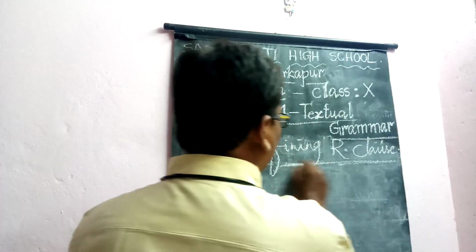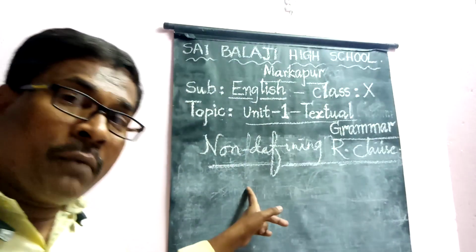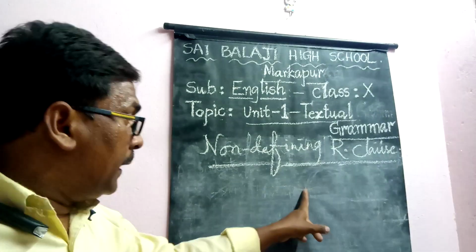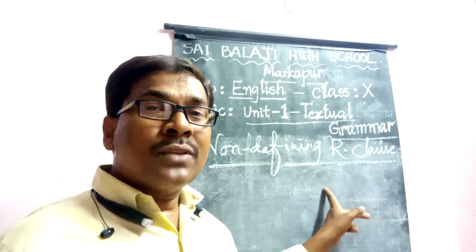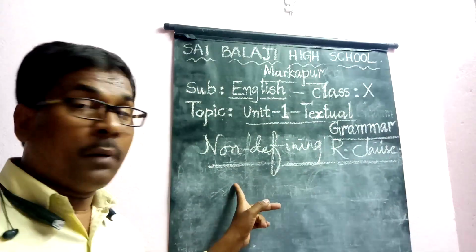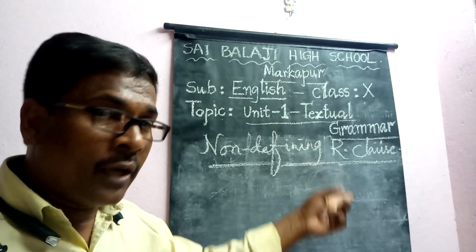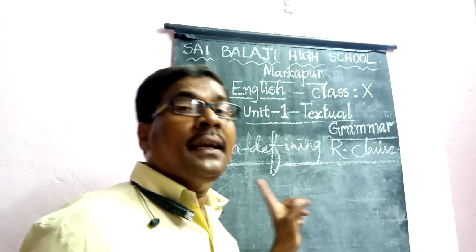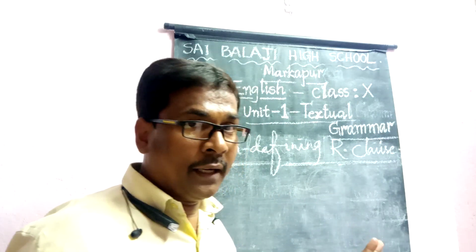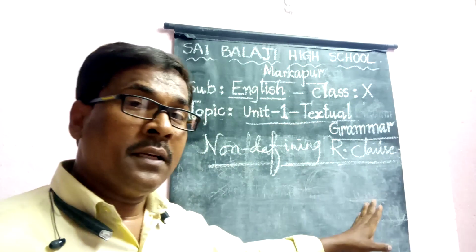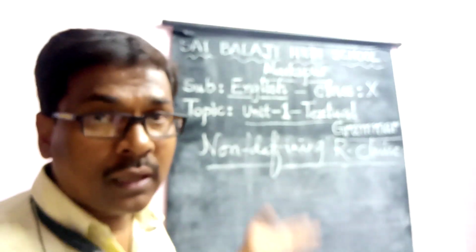Then what is the relative clause part doing in a non-defining relative clause? The relative clause part gives extra information about the antecedent. That's it, not defining. If we remove the relative clause part, then also we will have clarity.